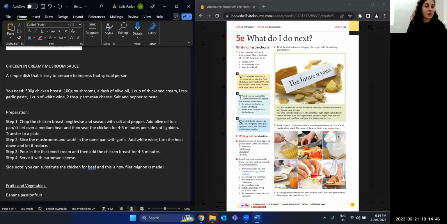Add olive oil to a pan over a medium heat and then sear the chicken for 4 to 5 minutes per side until golden. Transfer to a plate. Step 2, step 3, step 4. And they've added a little note. If you want, you can substitute, that means exchange, the chicken for beef. And this is how filet mignon is made.